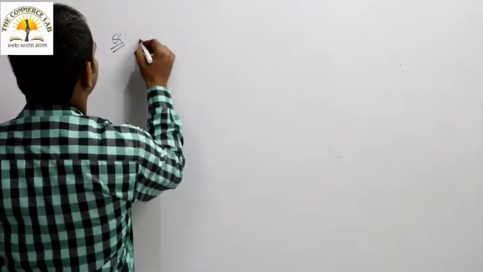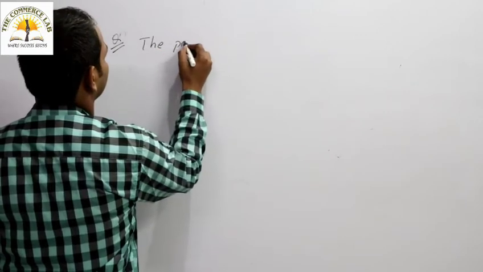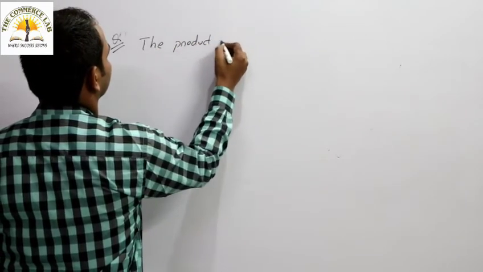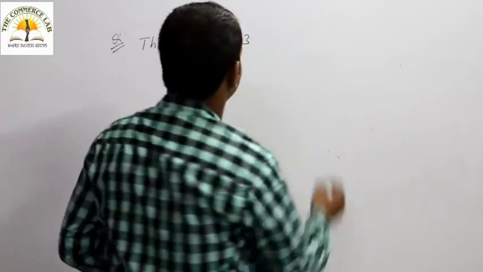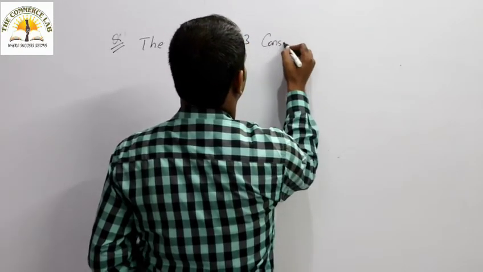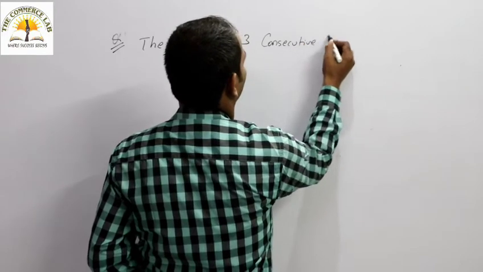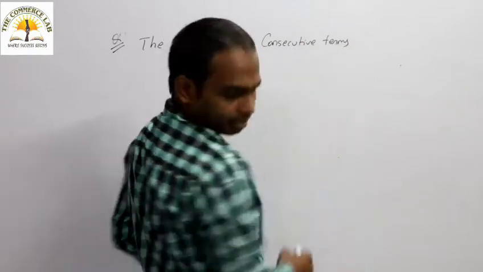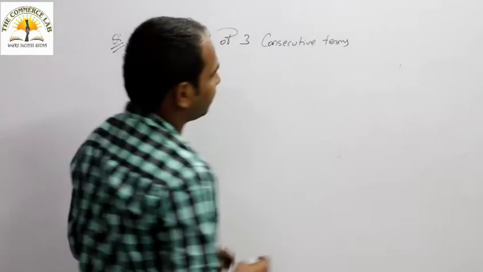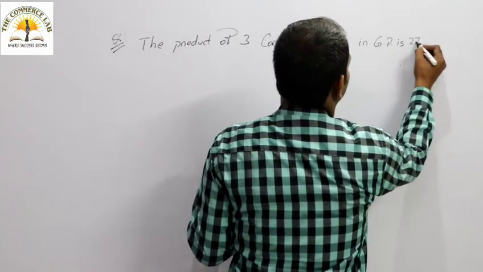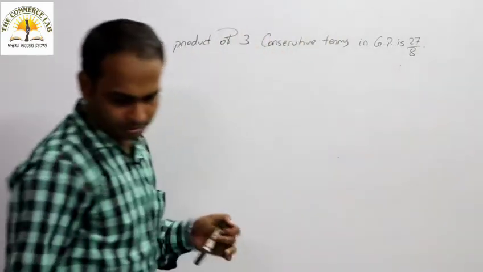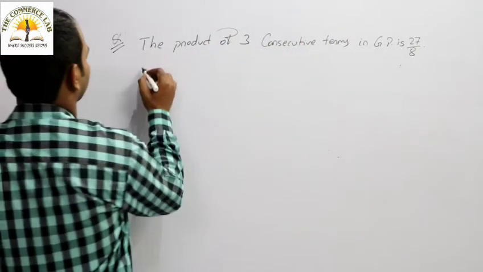The product of three consecutive terms in GP is 27 by 8.